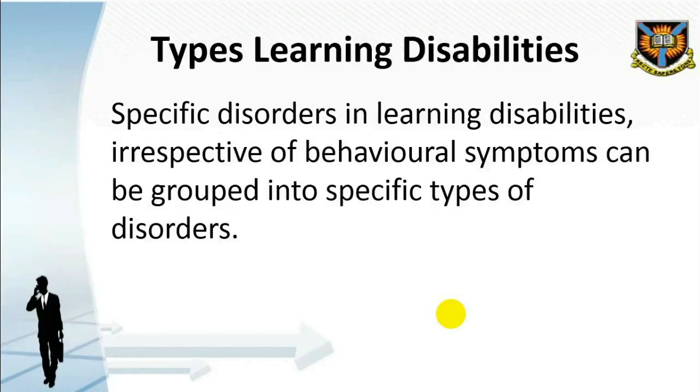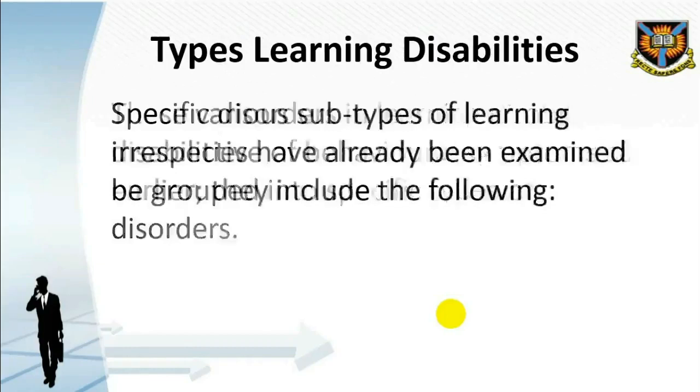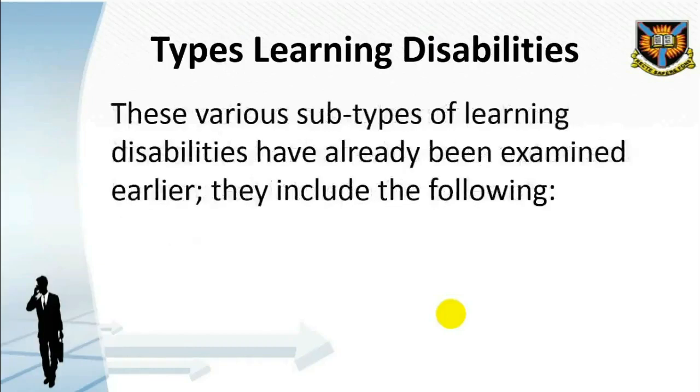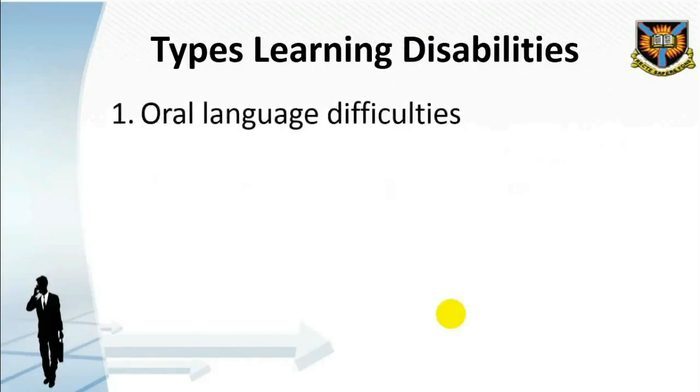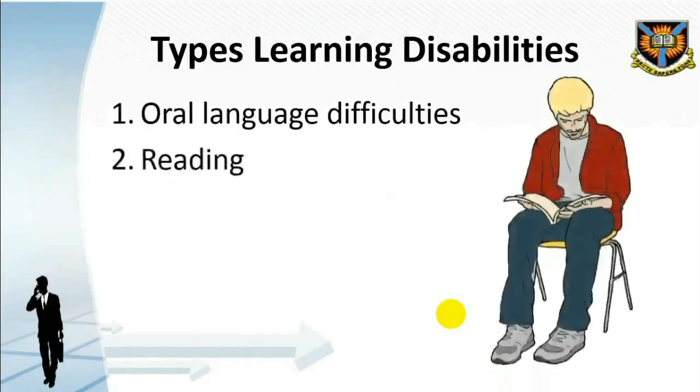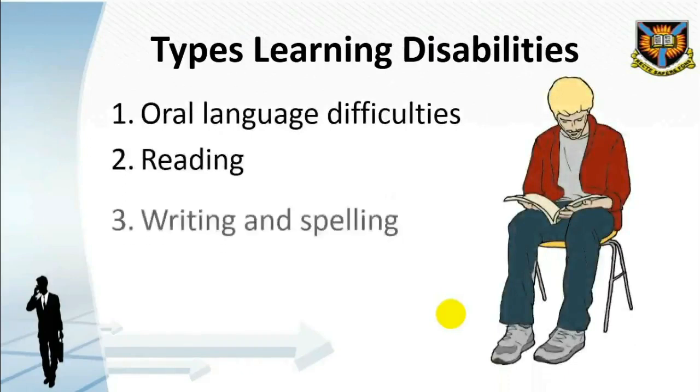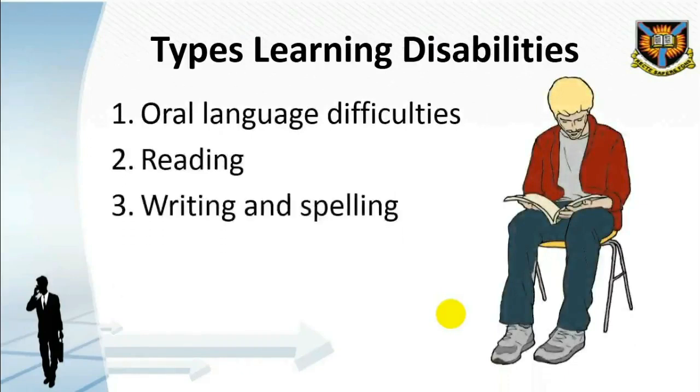Specific disorders in learning disabilities, irrespective of behavioral symptoms, can be grouped into specific types of disorders. These various subtypes of learning disabilities have already been examined earlier in this study session. They include the following. 1. Oral language difficulties. 2. Reading. 3. Writing and spelling. And 4. Arithmetic.